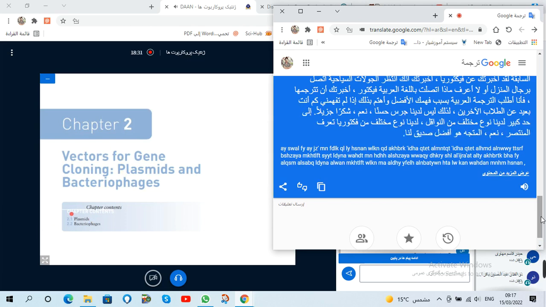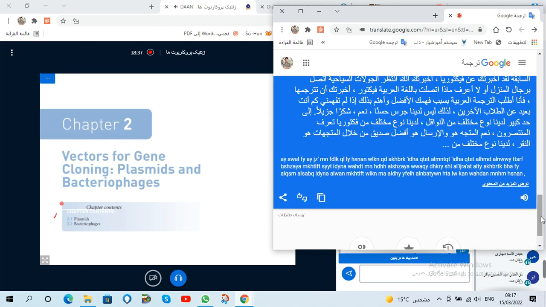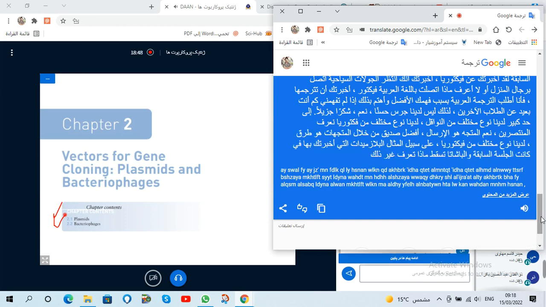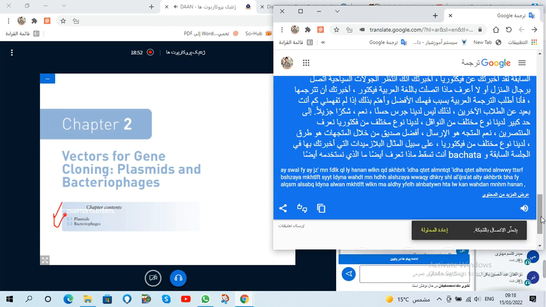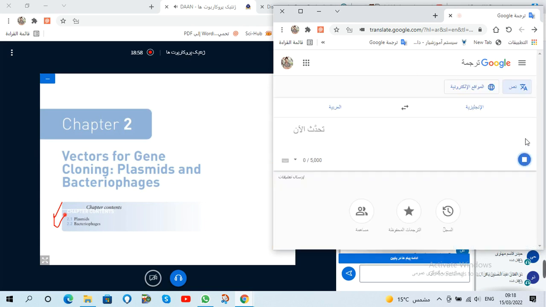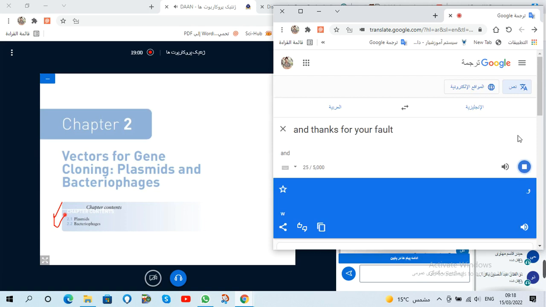For example, plasmids, I told you in the previous session, and bacteriophage. What else do you know? What else do we use for vectors besides plasmids and bacteriophage?